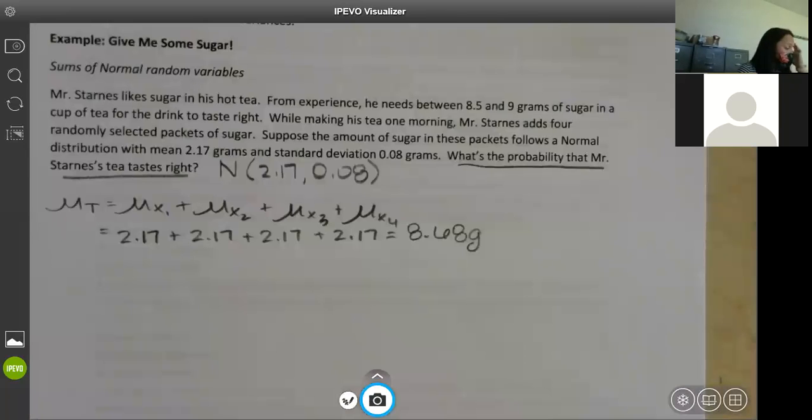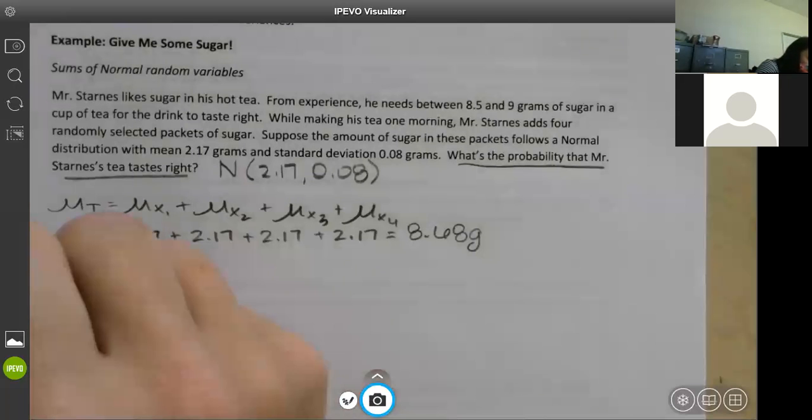Again, why are we doing this? Because to find the probability, we need the lower, the upper, the mean, and the standard deviation. We have to find the mean and the standard deviation so that we can put them in normal CDF.